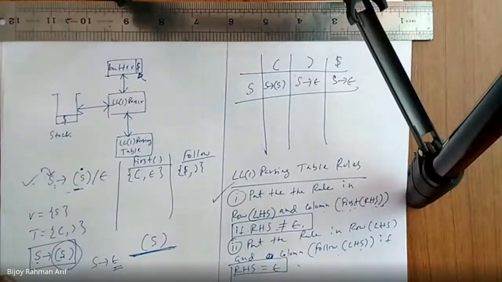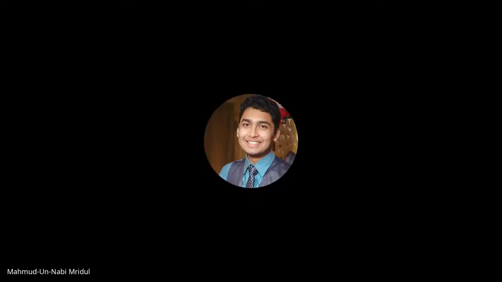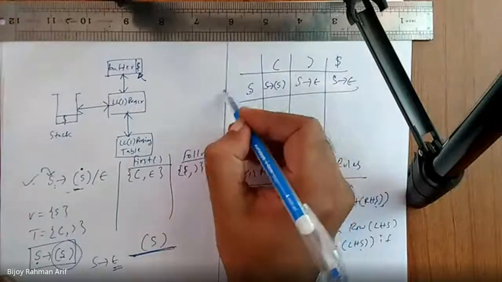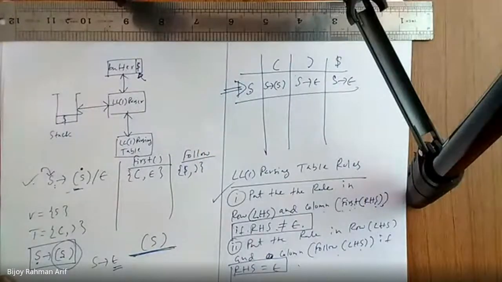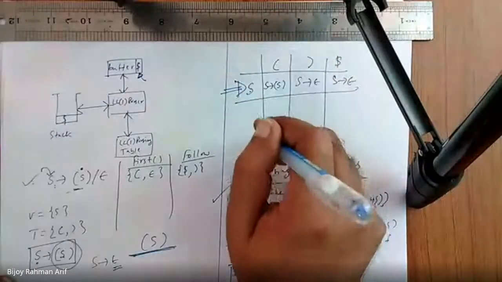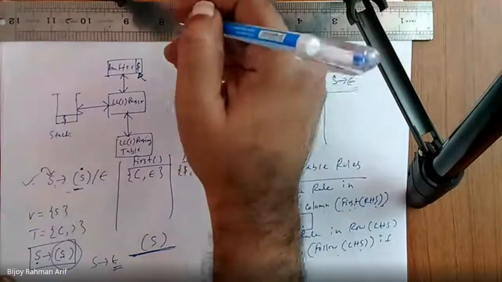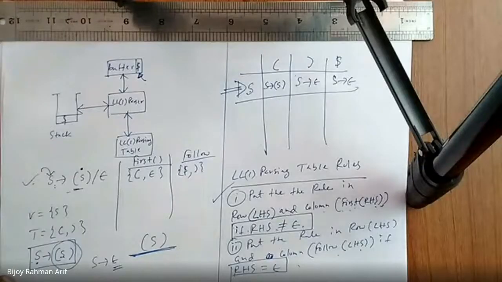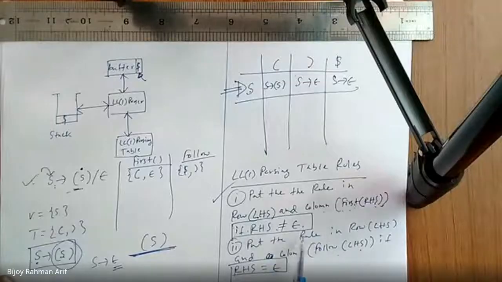Row of LHS, LHS is nothing but S, so this row. At the very beginning of creating the table, in the leftmost column you put all the variables, and in the top row you put all the terminals with dollar. Then you construct the table.